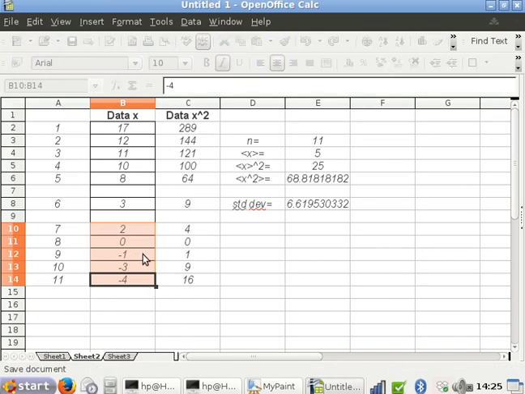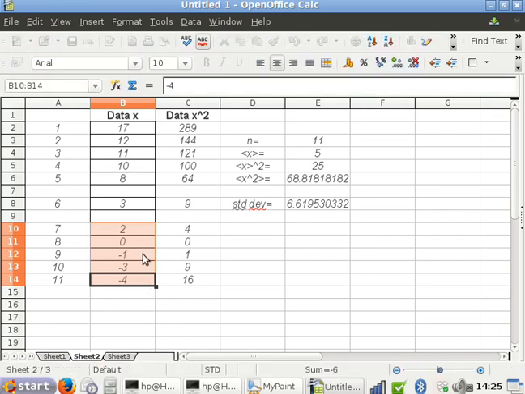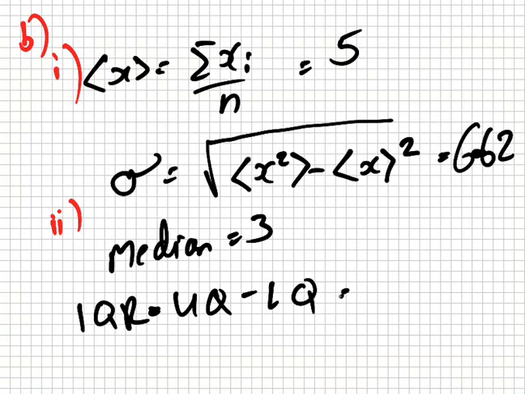Minus 1. So that's the upper and the lower, by using the method of not including the median. So 11 minus 1 is 12. The upper quartile is usually the bigger one, 3/4 of the way from the bottom, or a quarter from the top.